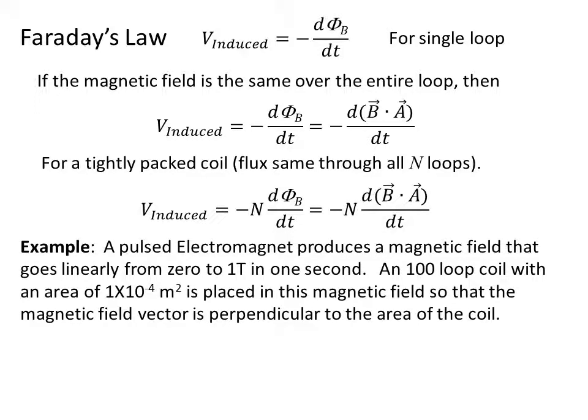Let's take an example. If there's a pulsed electromagnet that produces a magnetic field that goes linearly from 0 to 1 Tesla in 1 second, we place a 100-loop coil within that magnet, and it has an area of 1×10^-4 meters squared. This is about 1 centimeter by 1 centimeter.